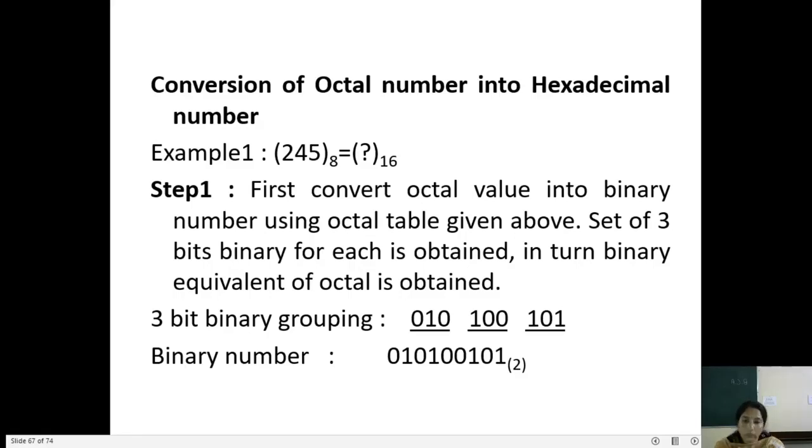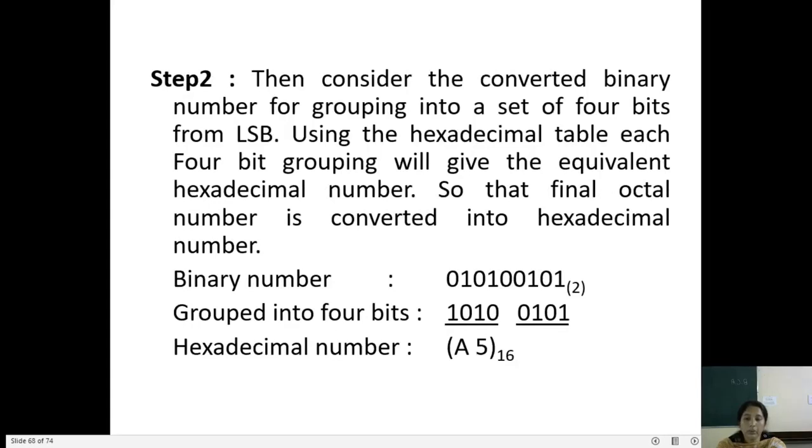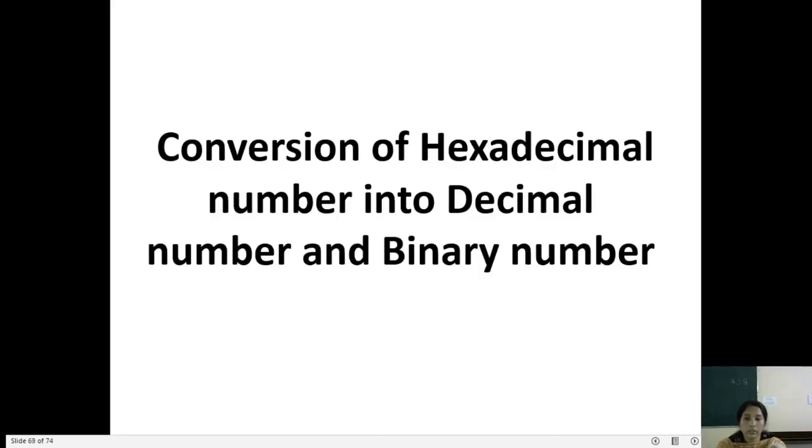First you want to convert the given number into 3-bit binary numbers, group it in that form, and afterwards group it into 4-bit form. So you can easily convert binary into hexa.